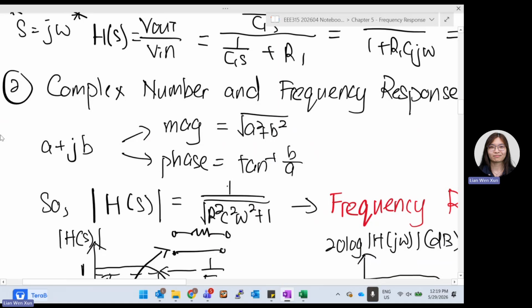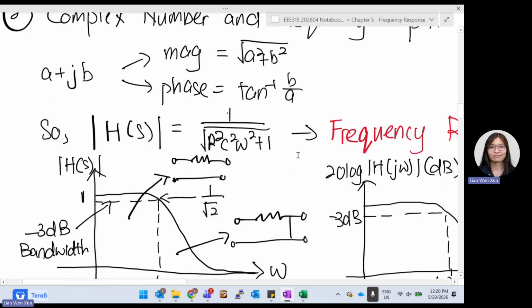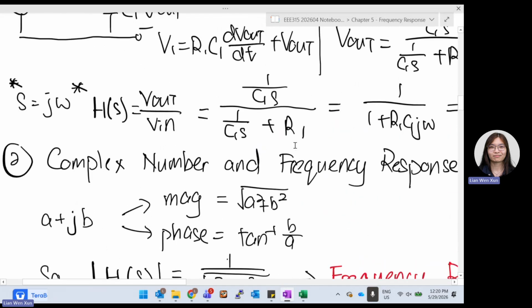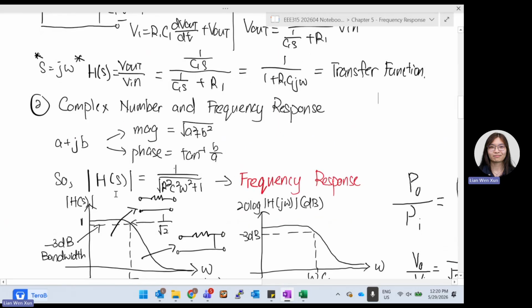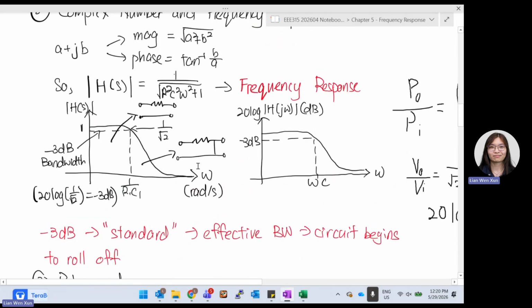The magnitude is just the square root of A squared plus B squared. If you want the phase, it is inverse tangent of B over A. So if we take this H(S) that we defined just now, 1 over 1 plus R1 C j omega, then the magnitude of H(S) will just be 1 over the square root of R squared C squared omega squared plus 1.